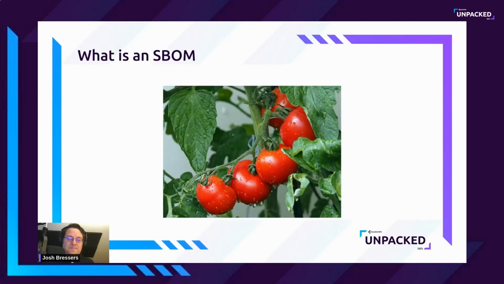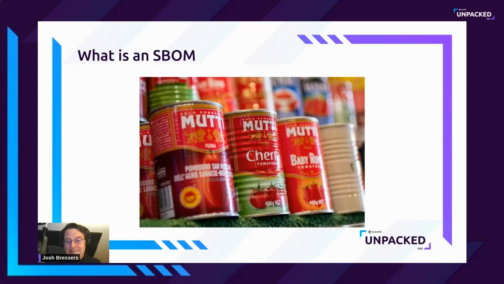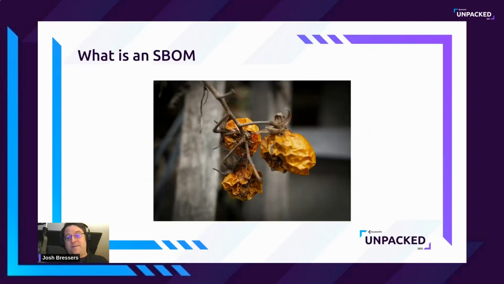But here's the thing, this is a picture of tomatoes, and this is a picture of tomatoes, and this is a picture of tomatoes. And so the question you really have when you're talking about ingredients is what is the ingredient you're actually getting?